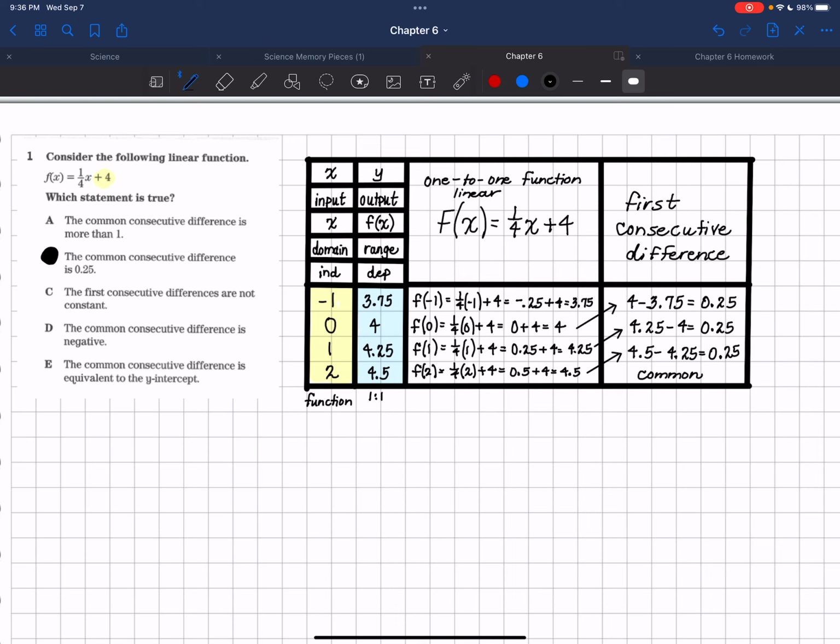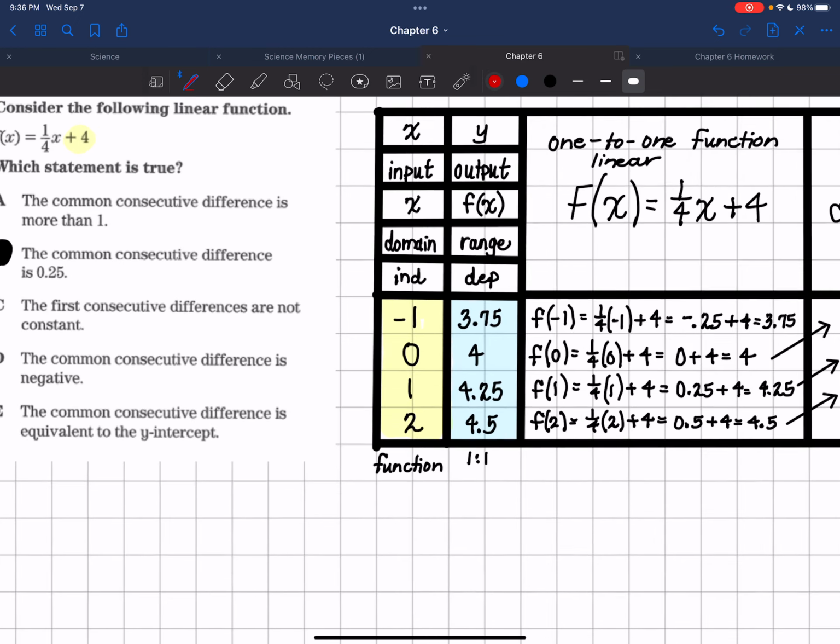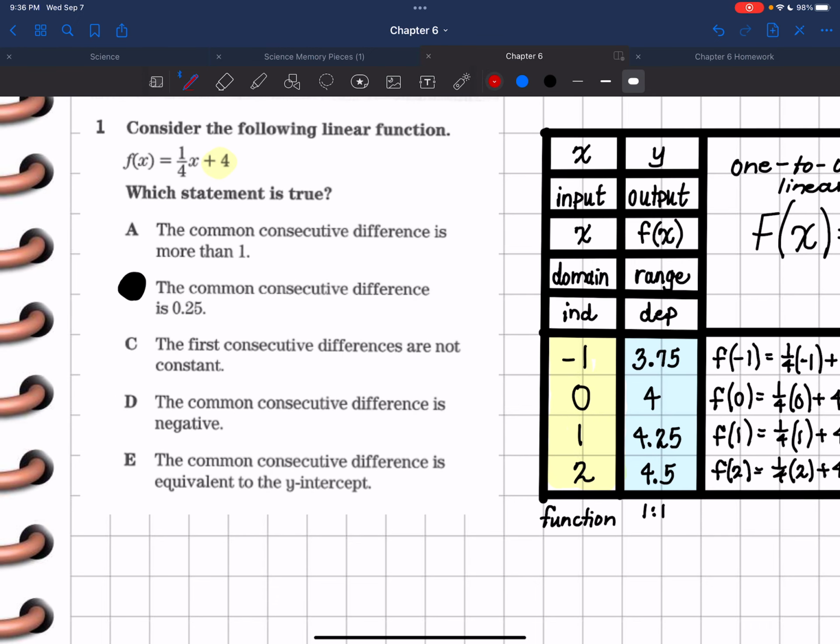Okay, so A is clearly not true. The common consecutive difference is more than 1. Well, that is not true if 0.25 is the common consecutive difference. That's less than 1. The first consecutive differences are not common. That's a false statement.